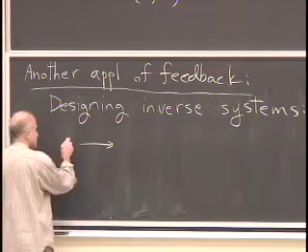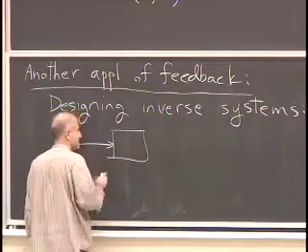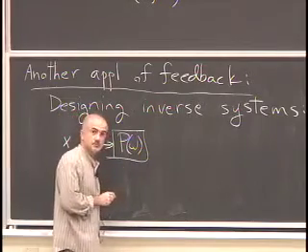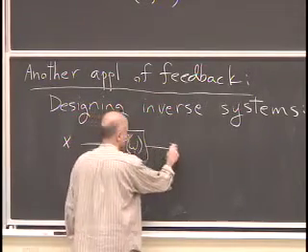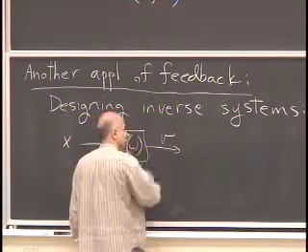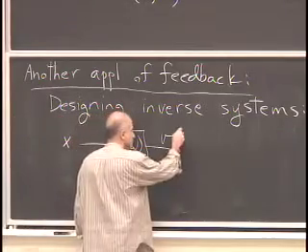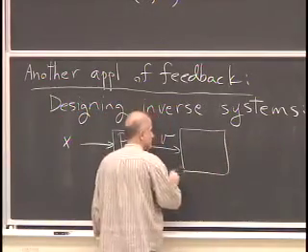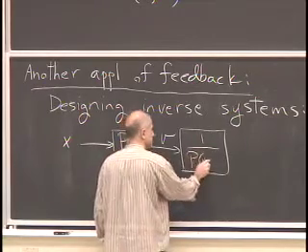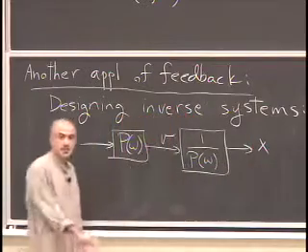So here's my voice. This is the sound of my voice, X. It goes through some process. What you hear is V. And you want to undo what happens, so you get X back.